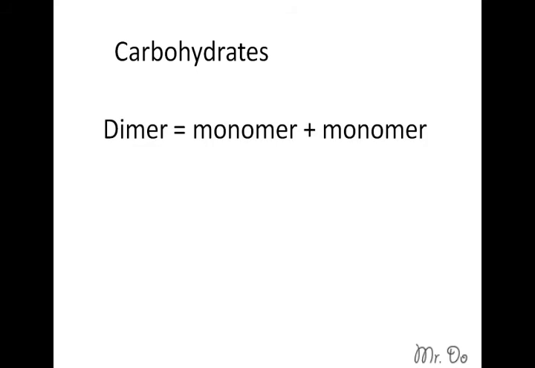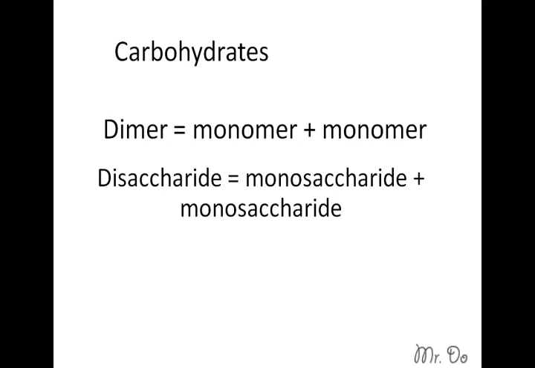Okay, now we learned that a dimer means two, so a dimer is made up of two monomers put together. Same thing with the disaccharide, it's equal to two monosaccharides put together. Now, that looks pretty scary, huh? For someone who doesn't know about carbohydrate and Latin root words. But now look what happens.